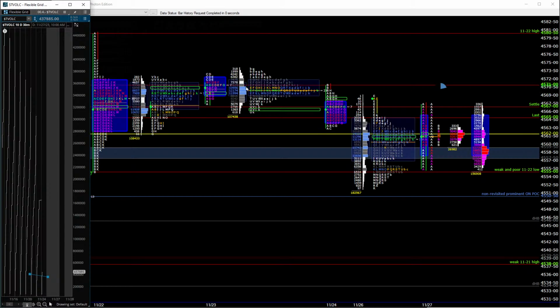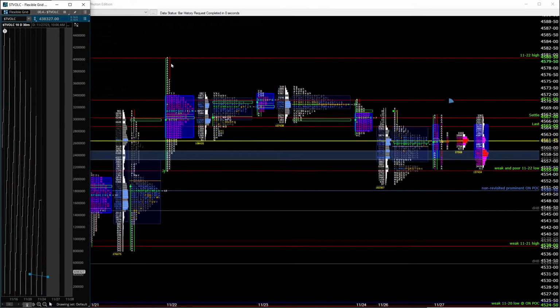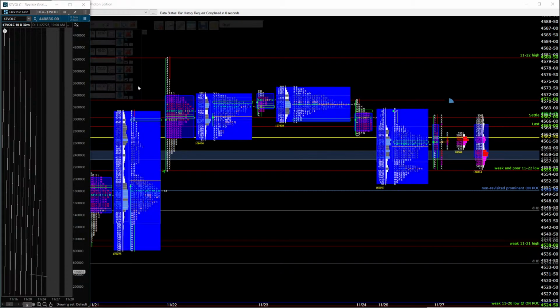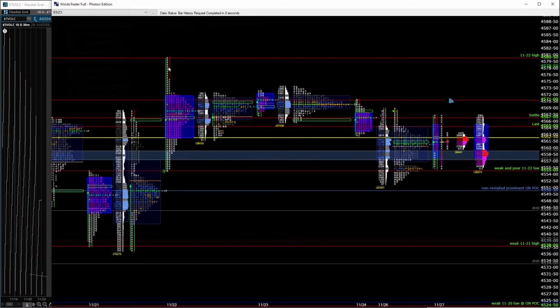Watching POC here, and taper here. Significant volume, significant buying here. The same amount of buying that we have up here. How much was that? Or where was that? Let me check it again. I think 1, 2, 3, 4, 5, 6. 1, 2, 3, 4, 5, 6 here.